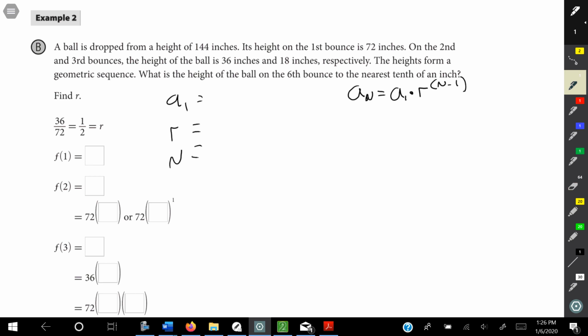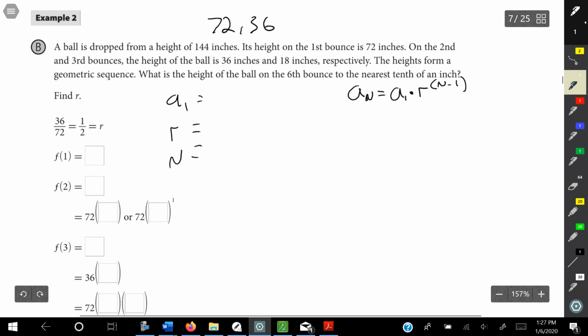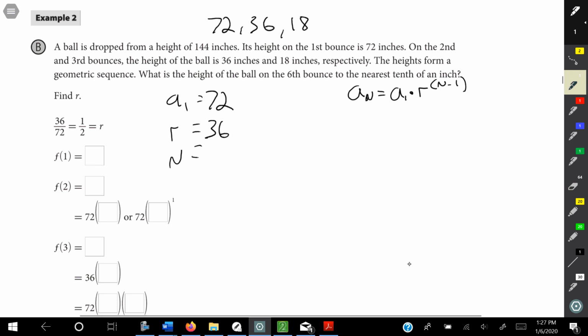So if it helps, go ahead and write out the sequence here. The first one is 72, the second one is 36, and the third one is 18. So we're going to fill in everything we know. We know the first term is 72. We're going to find the common ratio by dividing 36 by 72, and that's going to get us 0.5.